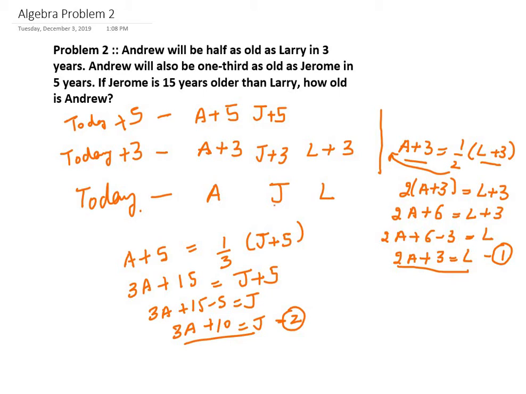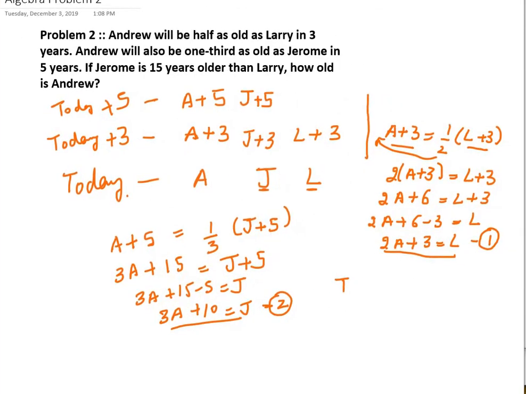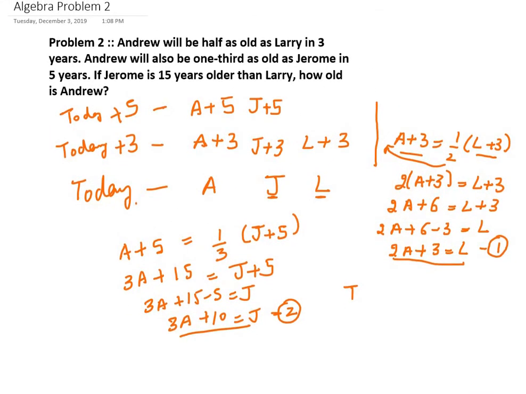So today, J is 15 years older than Larry. So J is equal to 15 plus L. So this is the third equation.